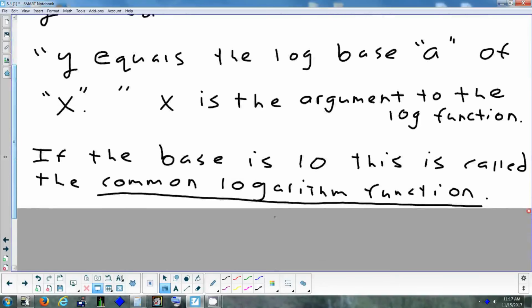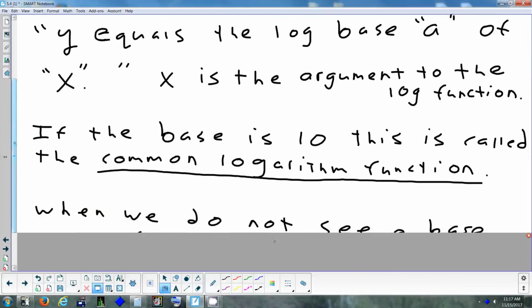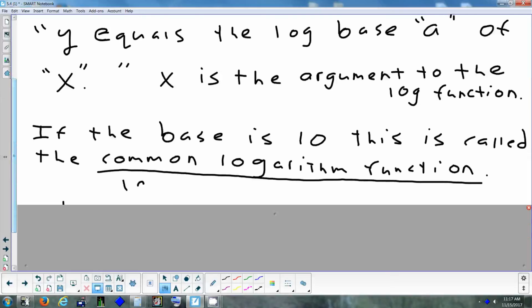Okay, so base 10 is called the common log. So this is an example of a common log. I want you to find the log base 10 of 8. Or I could also say, I want you to find the common log of 8. Same thing.